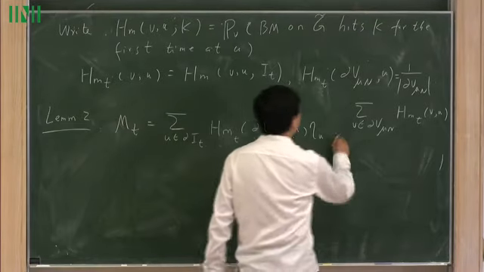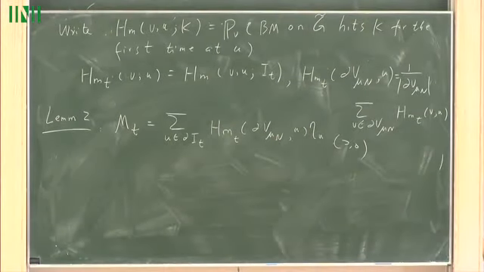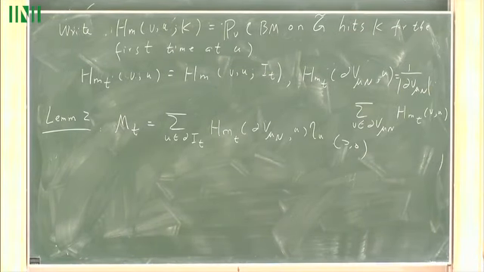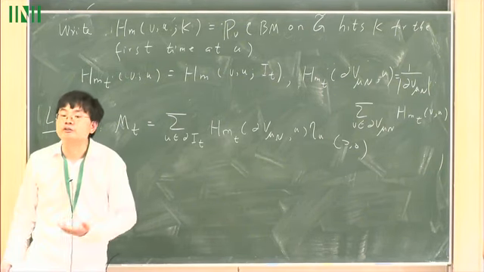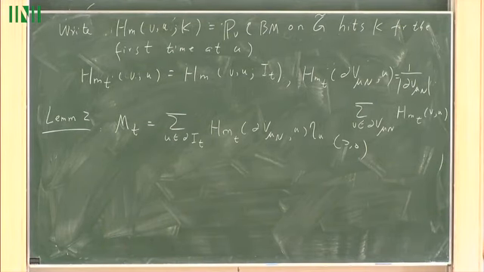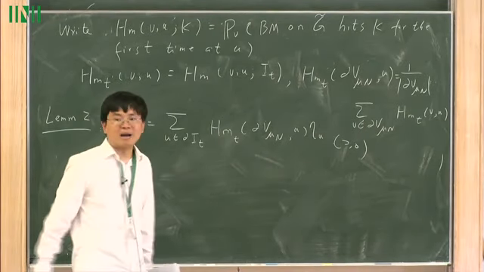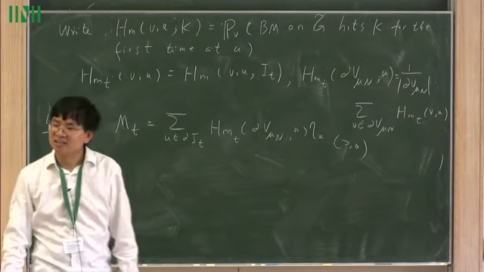In particular, this has to be greater than or equal to 0 because all the points in I_t have non-negative values, so the harmonic extension on I_t certainly is greater than or equal to 0. This is one simple but important observation for us. So this controls the value of the martingale. It has to be always positive.